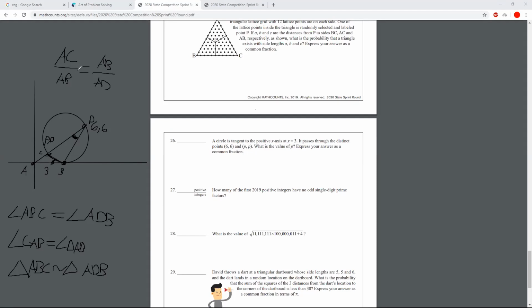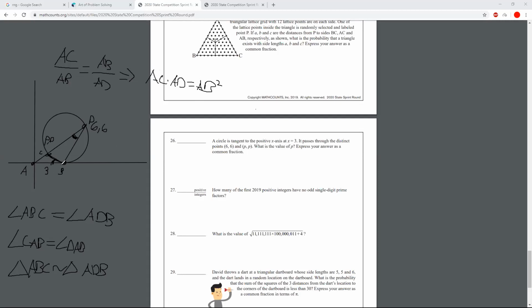So we know that the length of AB is just 3, because that's given to us in the question. Oh, let's just multiply each side, and then we get AC times AD equals AB squared. And you might learn this later, it's called power of a point, but you guys don't need to know that.